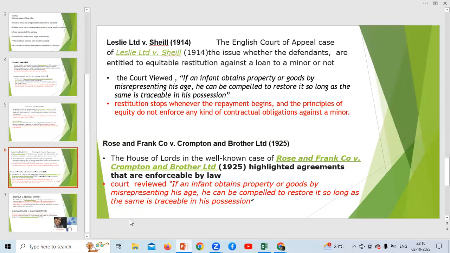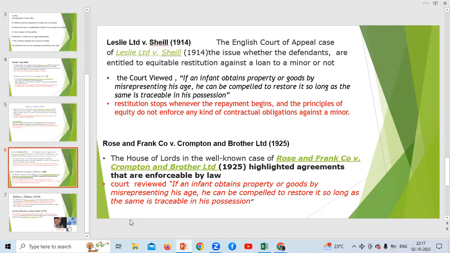The court viewed if an infant obtains property or goods by misrepresenting his age, म्हणजे खोटं वय सांगितलंय त्यांनी, जरी तो अंडर एज असेल 16 किंवा 17 वर्षाचा, आणि जर मेजॉरिटी एज 18 असेल, तो ही इज मिसरिप्रेझेंटिंग हिज एज, he can be compelled to restore it so long as the same is traceable in his possession.